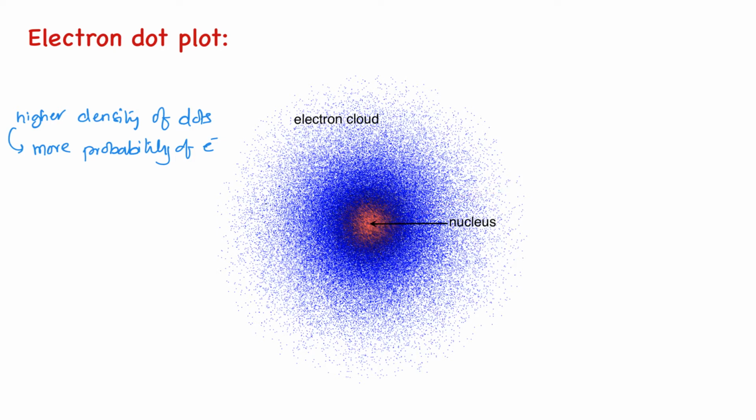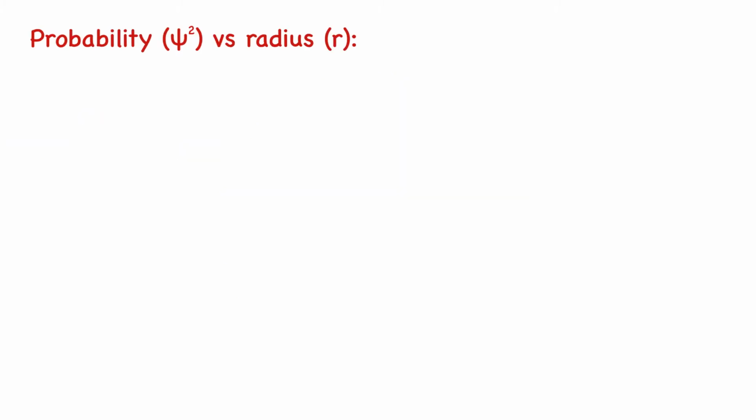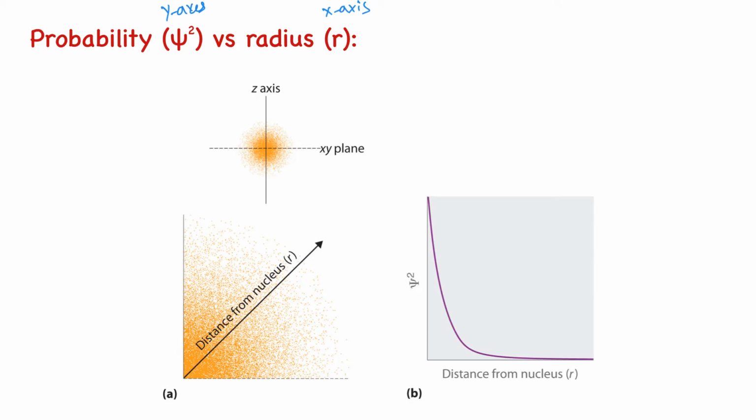The second way of representing an orbital is by plotting the electron probability, that is psi square, on the y-axis and the radius of the atom on the x-axis. What we do is we draw a line from the nucleus pointing outward, calculate the electron probability psi square at each point on this line, and plot it against the radius.